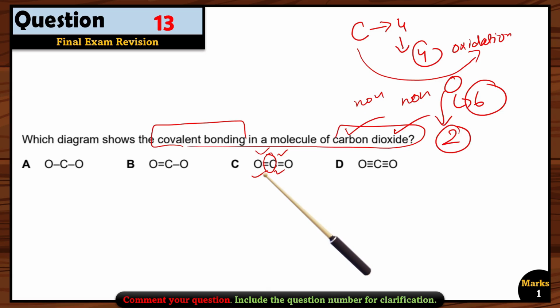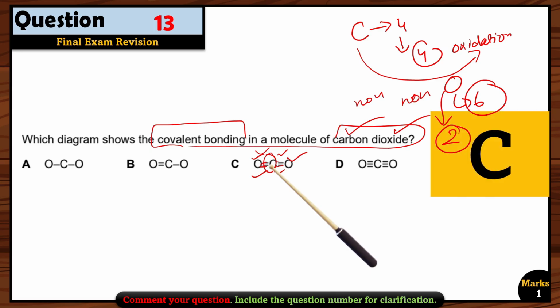So oxygen must make 2 bonds. If you see, this oxygen is also making 2 bonds and this one is also making 2 bonds. So that's why option C is the right option. Okay, I hope this point is clear to you. So oxidation state will be the one that decides the bonding. How many bonds an atom can form depends on its oxidation number.